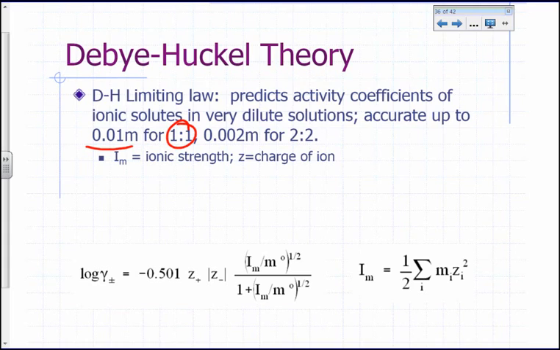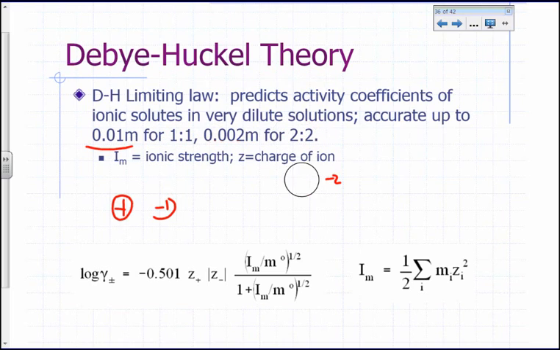A 1-to-1 electrolyte is one where the cation has a charge of +1 and the anion has a charge of -1. When charges are much higher, you get much stronger attractive forces between the ions, like a +2 and a -2, a 2-to-2 electrolyte, then you can only get accurate predictions up to about 0.002 molar.